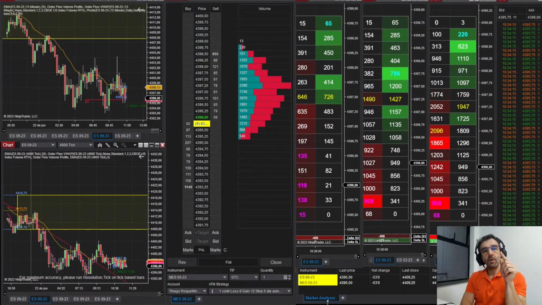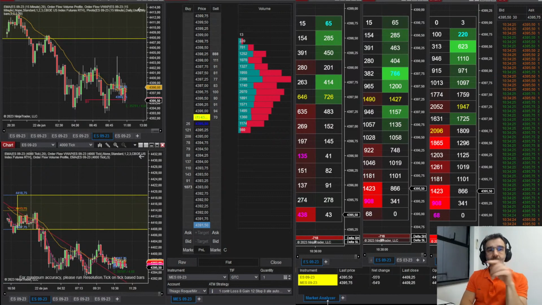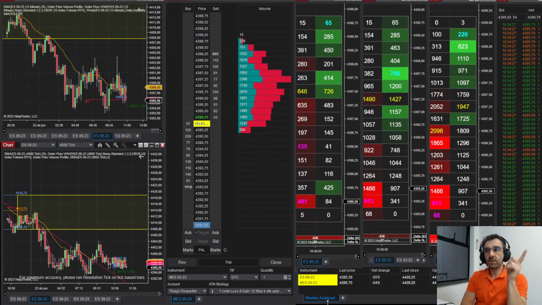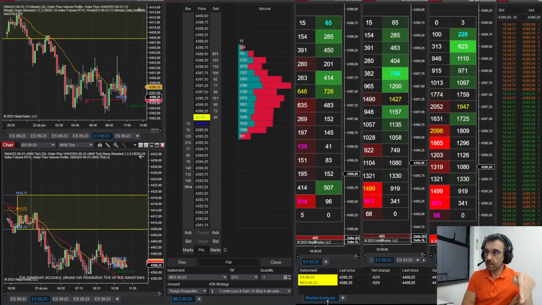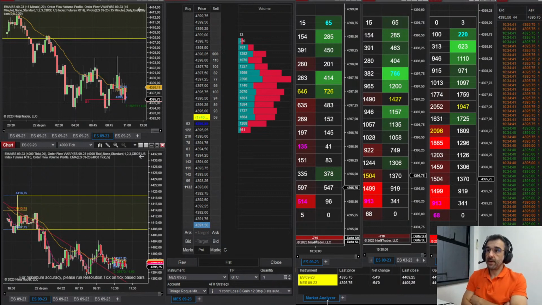But if moving upwards and failing at 405, 411, 417, getting stuck and failing in any of these, we should observe, because it could lead to a correction. Then sometime maybe we could find some good short opportunities.